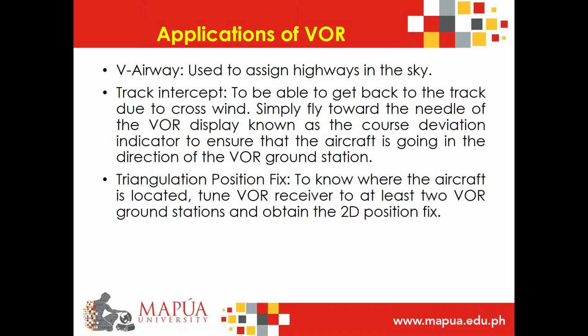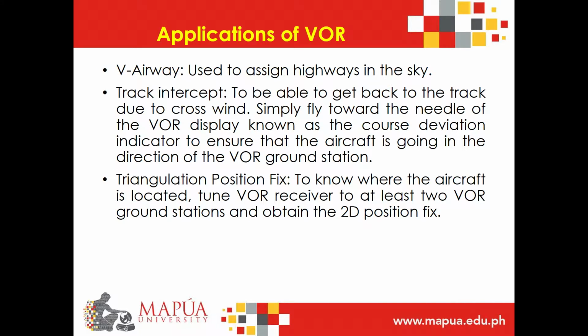I will now discuss some applications of VOR. Airways, used to assign highways in the sky. Track intercept, to be able to get back to the track due to crosswind. Simply fly toward the needle of the VOR display, as I discussed earlier, known as the course deviation indicator, to ensure that the aircraft is going in the direction of the VOR ground station.